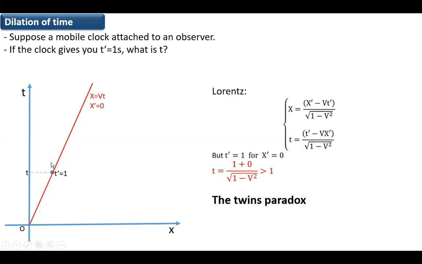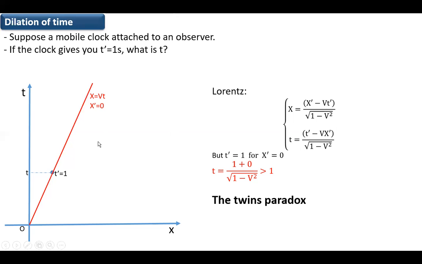So if your clock is ticking slower, the time is dilated. What do we mean by a dilated time? A dilated time means that the clock is ticking slower. So it gives you a smaller number of seconds. So this is the dilation of time.